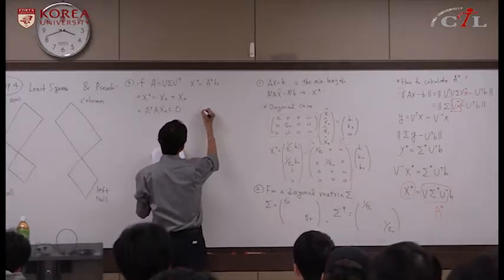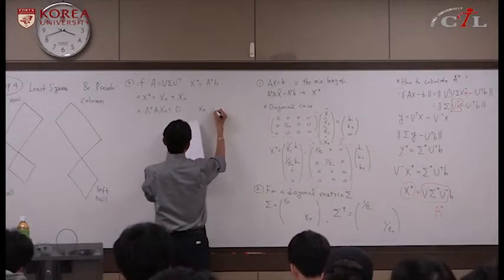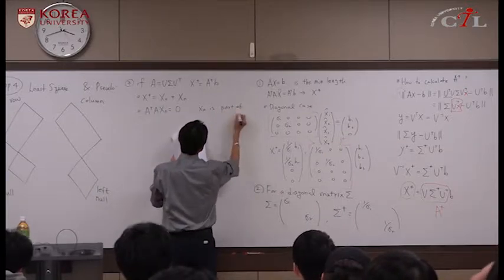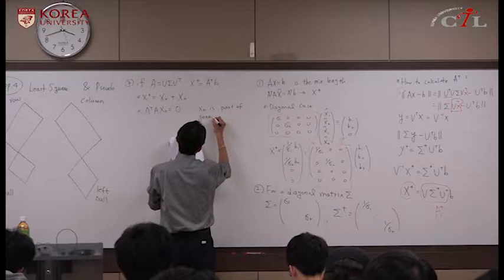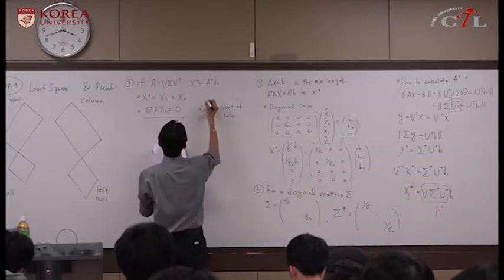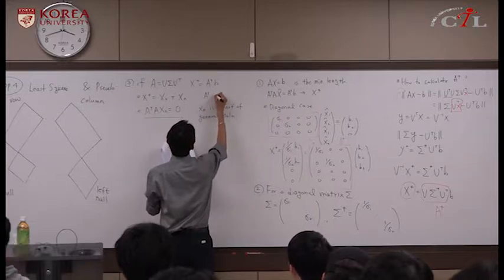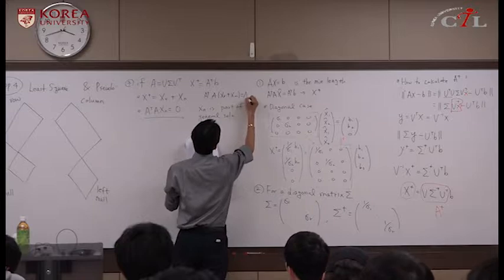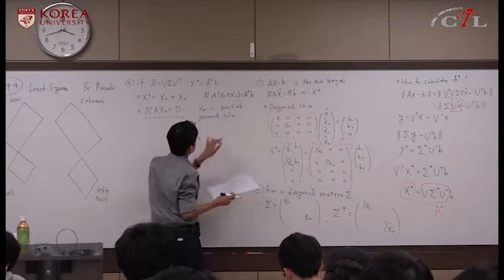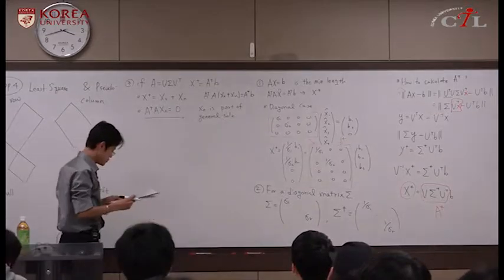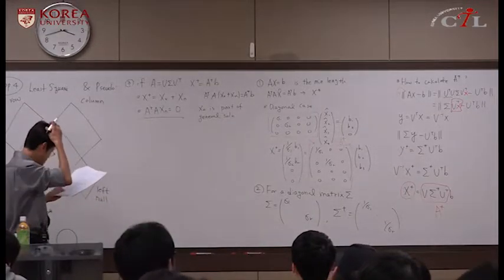So xn is also part of the general solution, because given xn, the equation can be satisfied, and this part goes to nothing. So xn is part of the general solution, and there could possibly be multiple xn.